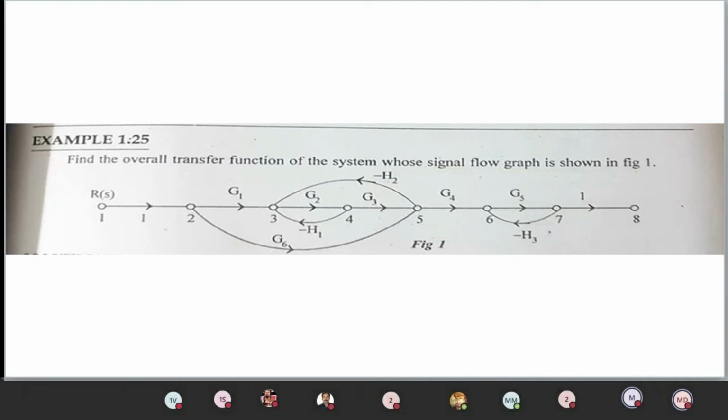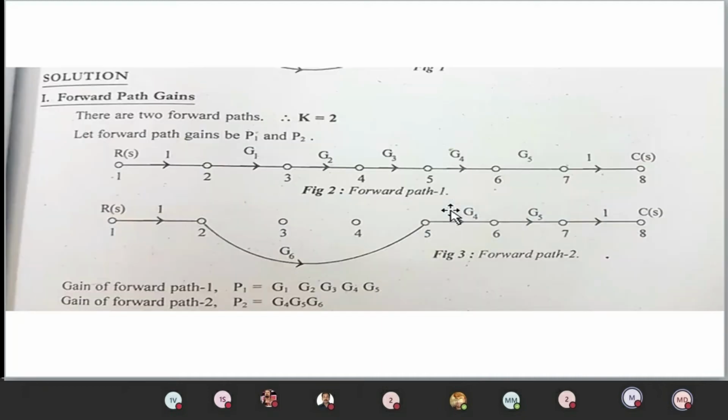Okay, you have 3 individual loops, right? So now let us calculate the forward path gains. Now k is equal to 2. Why k is equal to 2? K represents the number of forward paths.